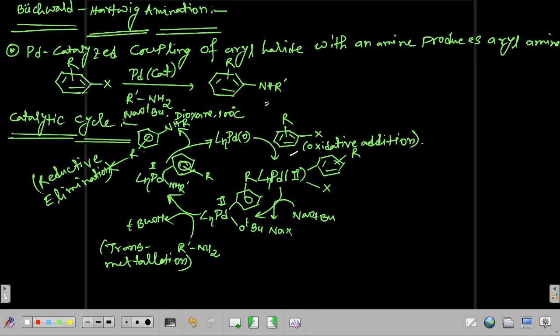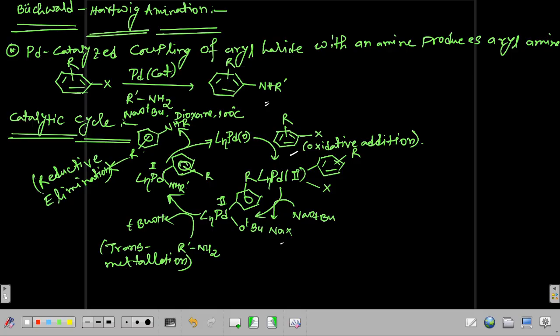And next, in presence of sodium tert butoxide, it leads to the removal of the sodium halide, and this halide will go, and in this place OtBu will come because of this base. Next, in presence of the amine, that is 1 degree or 2 degree amine, it will undergo transmetalation, and it will give tert butanol. And here in presence of OtBu, here NHR will come.